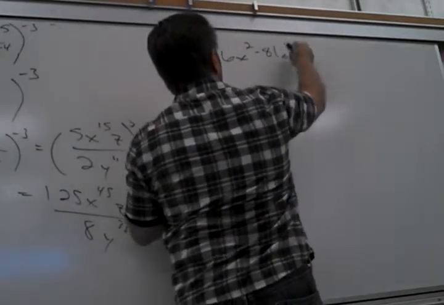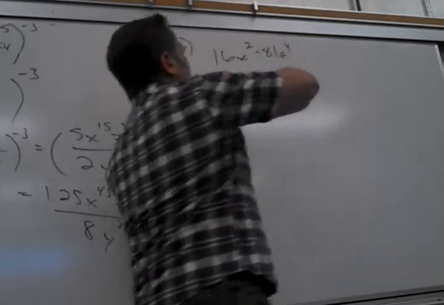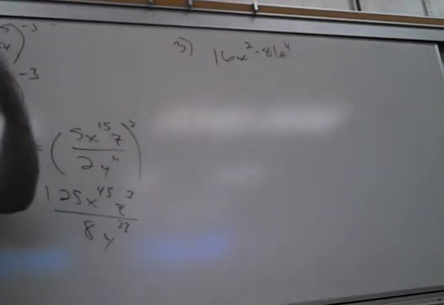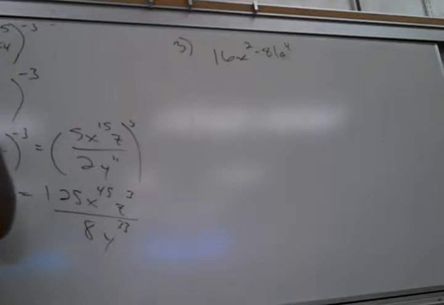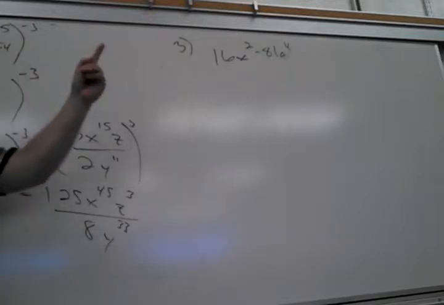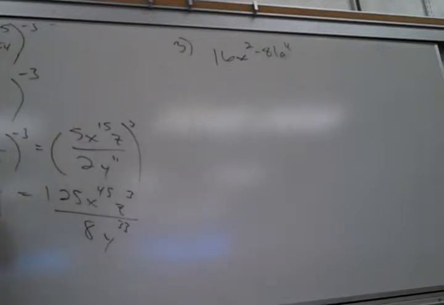I have way too many people trying to write this as something squared. But then you're going to have to get 3 terms. The only way that you can get 2 terms is if the middle terms cancel. And the only way the middle terms can cancel is if they have opposite signs. So this is a difference of squares.